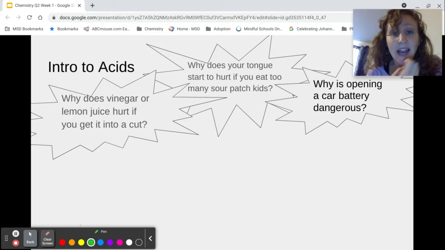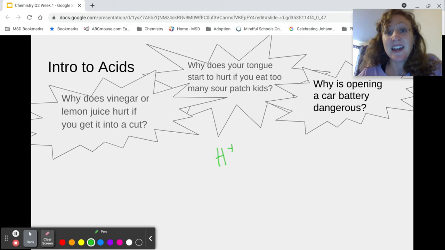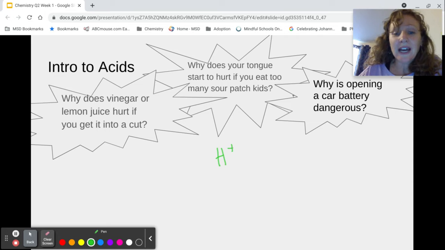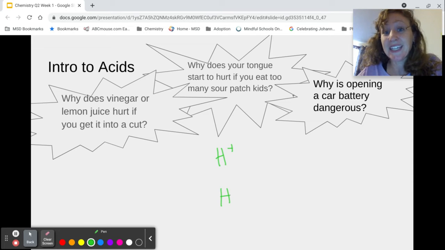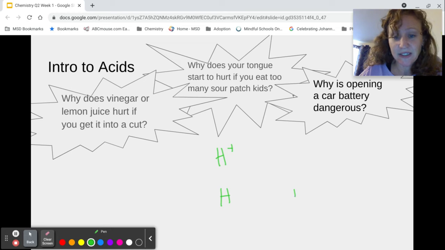And this little hydrogen ion, this magical hydrogen ion, is what causes all of these properties that we see. That hydrogen ion, that lone proton floating around, is really, really reactive. If you find hydrogen, just the element of hydrogen, it actually has a pretty high electronegativity. Its one electron is attracted to its nucleus pretty strongly.